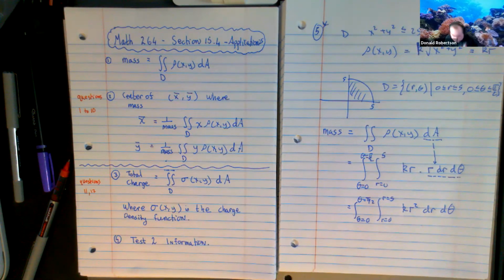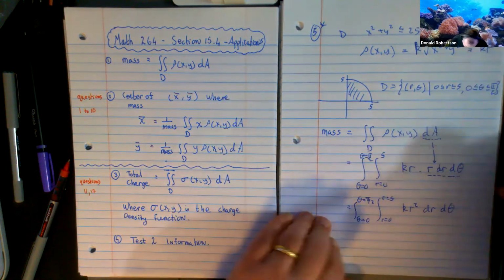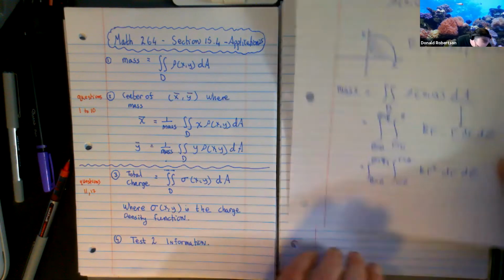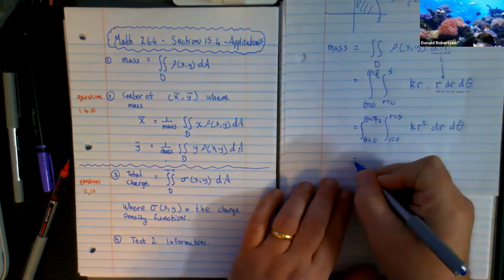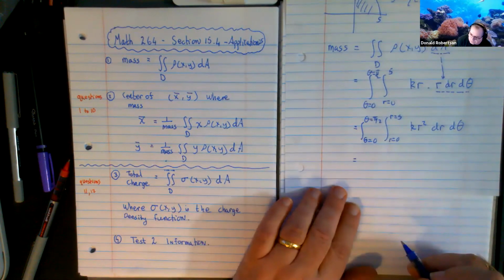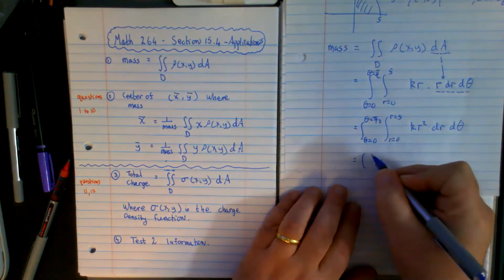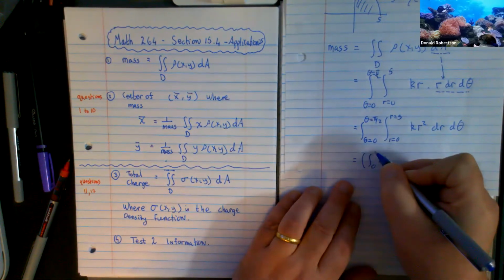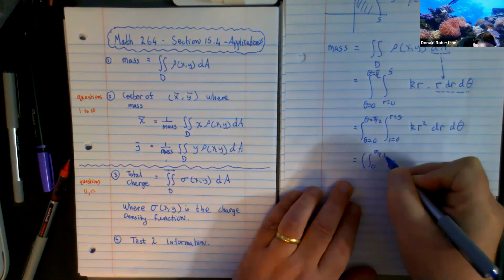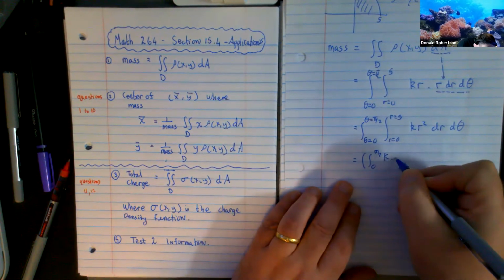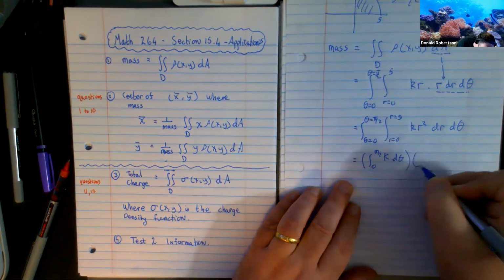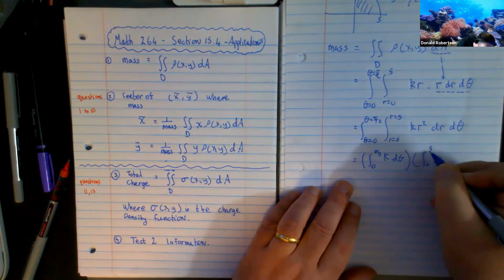So far, so good. So let's take it. Is this one separable? Can we separate this thing? Okay, yes, so let's do it. From 0 to pi upon 2 of, I'll give it the K. Why don't we give it the K? And from 0 to 5 of the R squared.